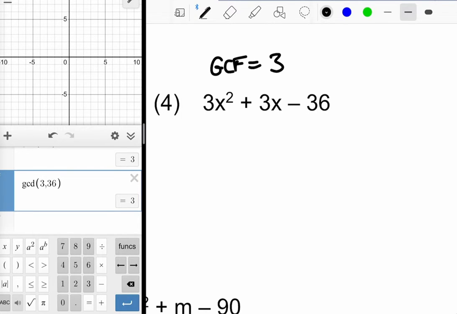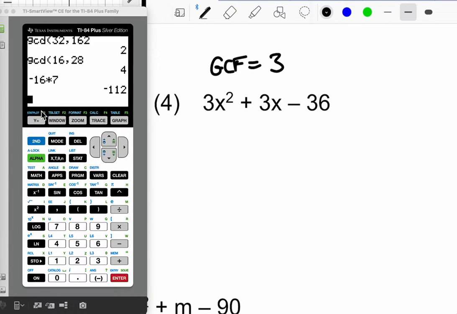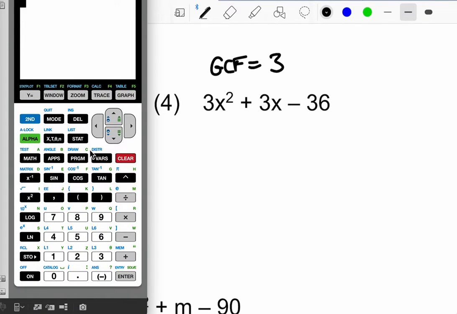Same technique for the TI calculator, except it's math NUM option 9. So it's in the math number menu. But you actually follow the same exact steps after that.